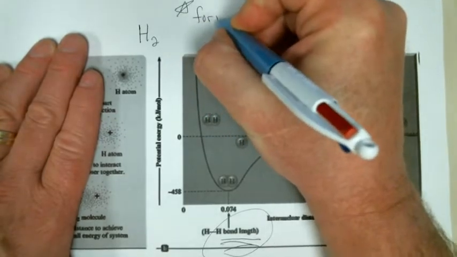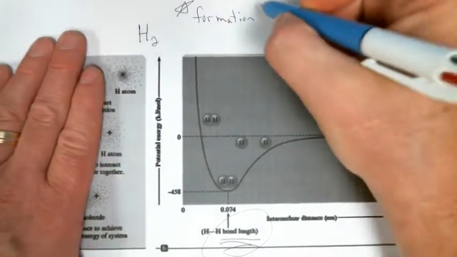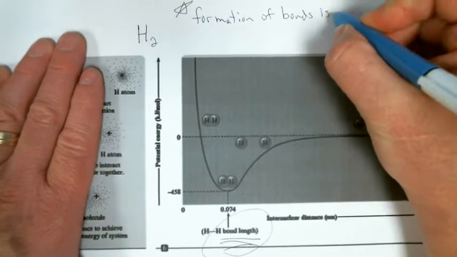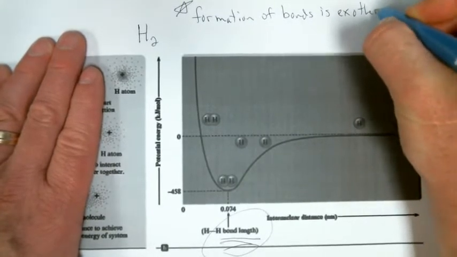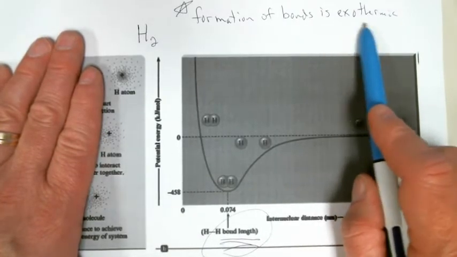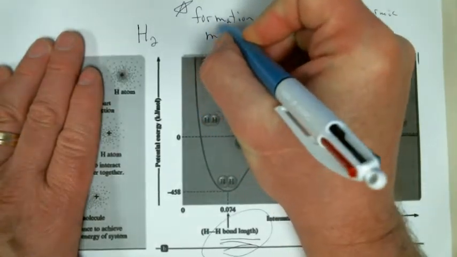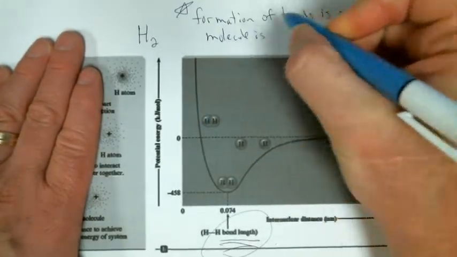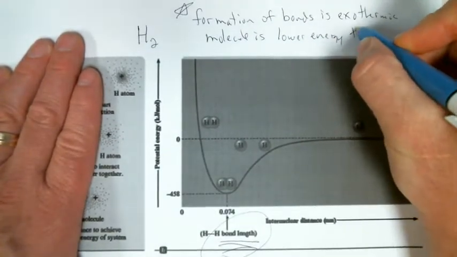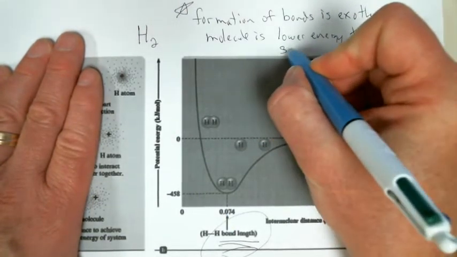We haven't talked about exothermic and endothermic. We will later, but I'm going to include this here anyway. Formation of bonds is exothermic, and what that means is energy is released by the formation of this bond. Exo meaning going out of. So the molecule is lower energy than those separate atoms, right? And that's why it forms the bond.